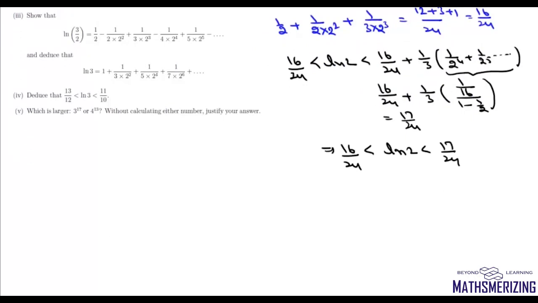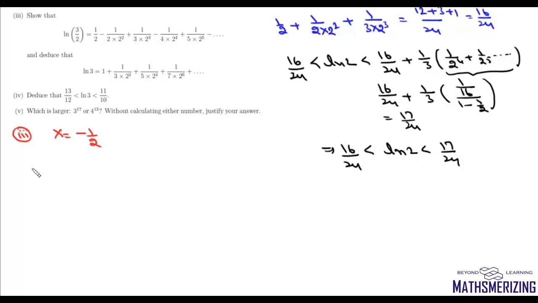Now for the third part, it says show that log 3 by 2 is 1 by 2 minus 1 upon 2 into 2 square plus 1 upon 3 into 2 cube. So for this, what we'll do is in the series of log 1 minus x, we'll simply put x as minus 1 by 2.